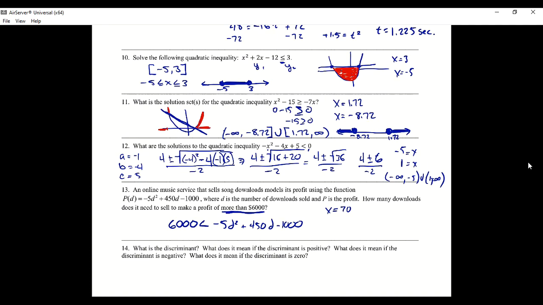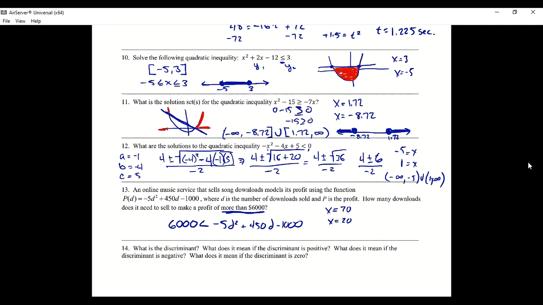So second trace 5 again. Now we're going to bring this back over. Enter, enter, enter. 20.